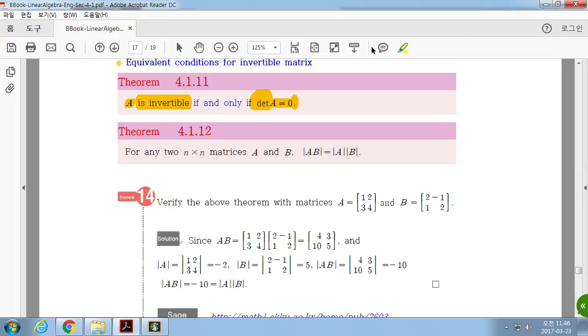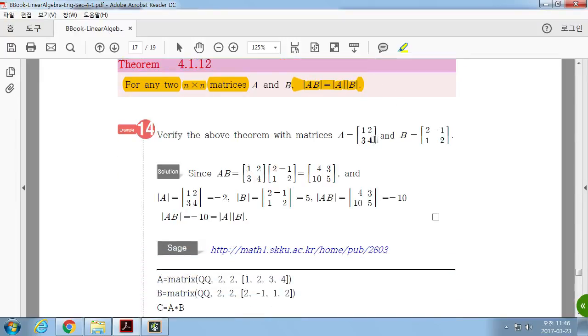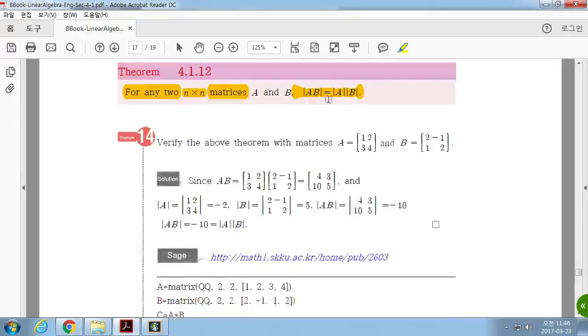If the determinant is not 0, then A can be simplified to the RREF, the identity matrix, so it's invertible. With those, for any two matrices A and B, the determinant of AB is equal to determinant of A times determinant of B, always. Okay, so this is important.